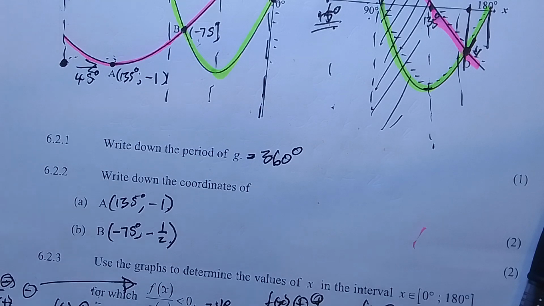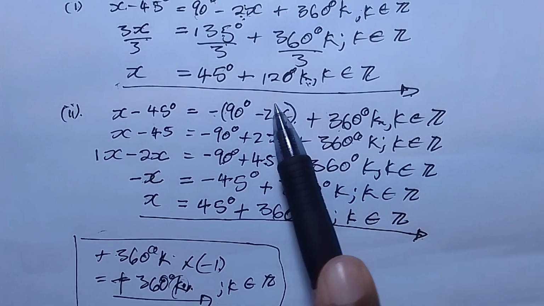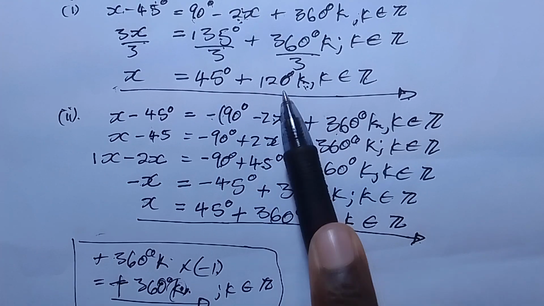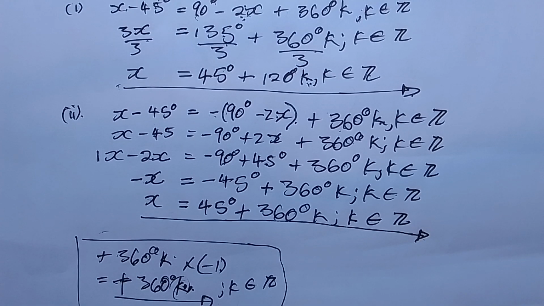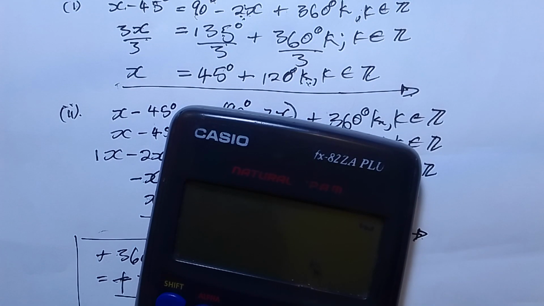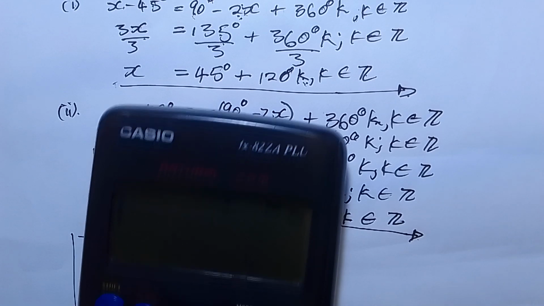Oh yeah, here it is. We'll use this general solution because it is the general solution for the intersections of the two graphs or two functions. So if we substitute different values of k, we should get the value of k at that point.